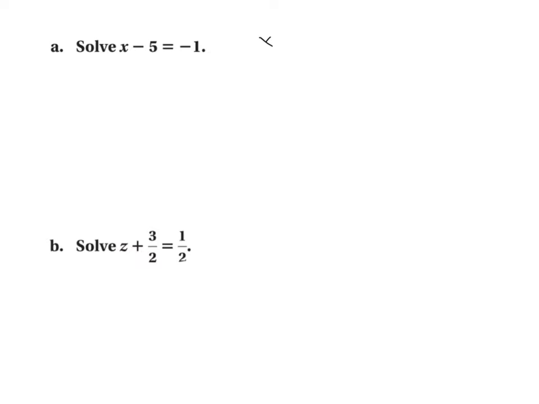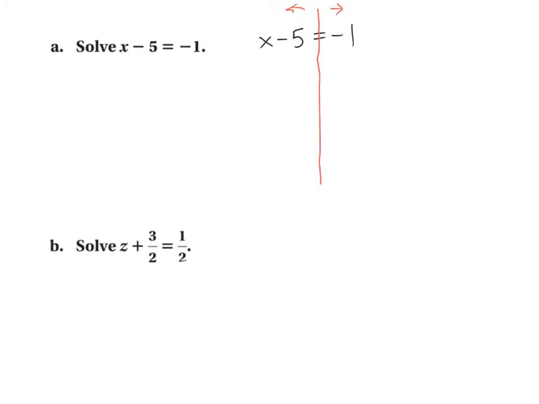So the way I'm going to do it is I'm going to rewrite my problem as always. And some people like to draw a line through the equal sign because we're going to keep our equal signs lined up. And whatever I do on the left side of this line, I have to do on the right side. That is basically the golden rule of algebra: do unto one side of the equation what you do unto the other.